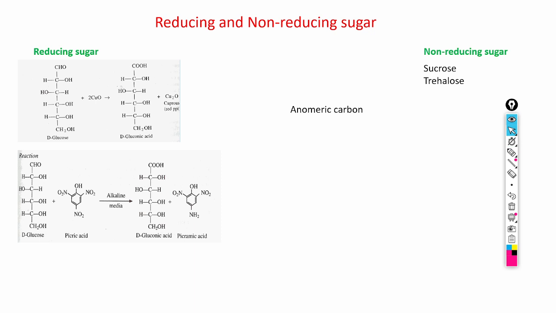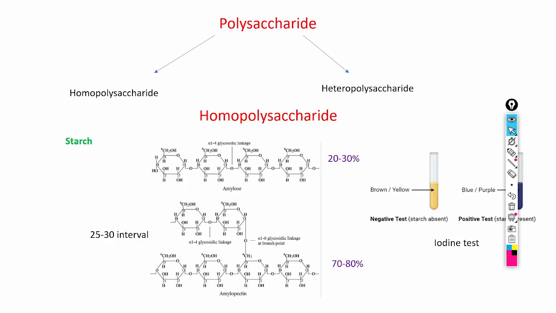Now come to the polysaccharides. As the name suggests, poly means many. That means when more than two monosaccharides join together, they form a polysaccharide. Polysaccharides can again be divided into homopolysaccharides and heteropolysaccharides.